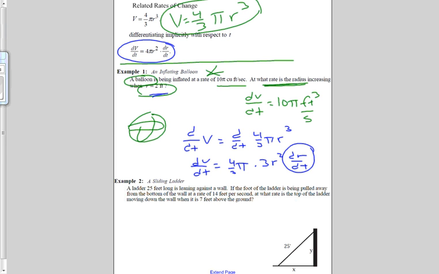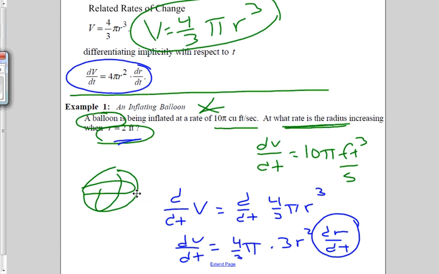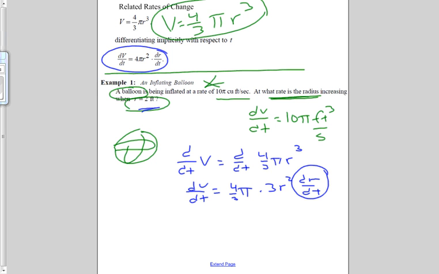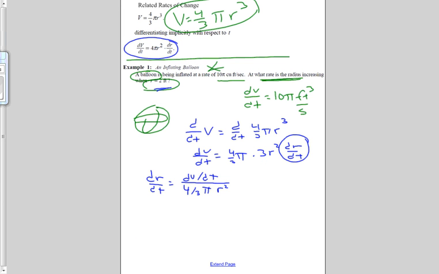So now we create an equation for dr/dt. We know that dr/dt equals dV/dt divided by 4 pi r squared. Now we can fill in what we know.